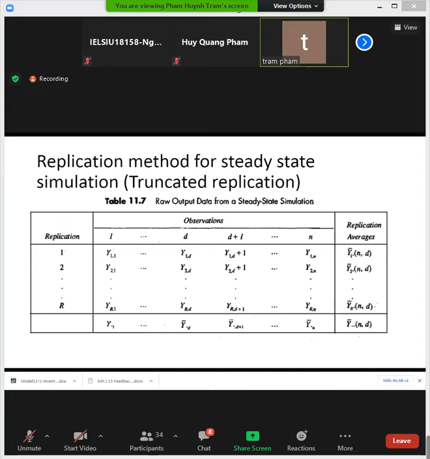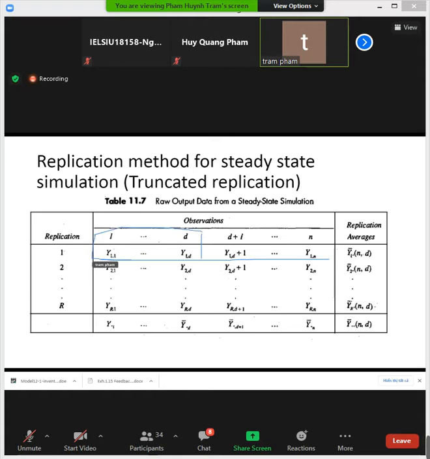Okay, so let's say for the first replication, this is all the data we get during the simulation time, but we would delete, or truncate, cut off the data during the warm-up time.